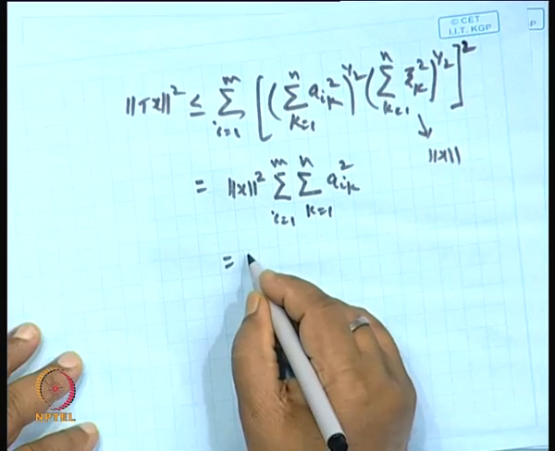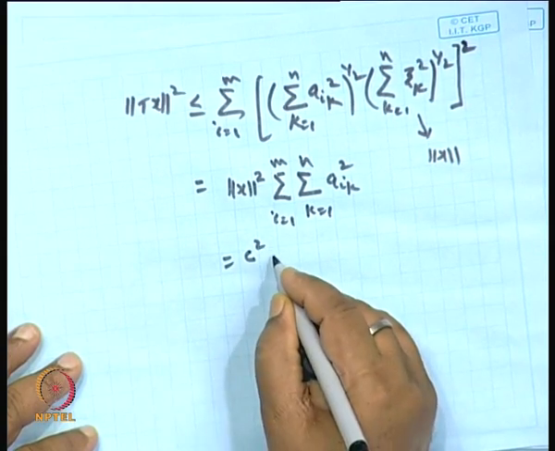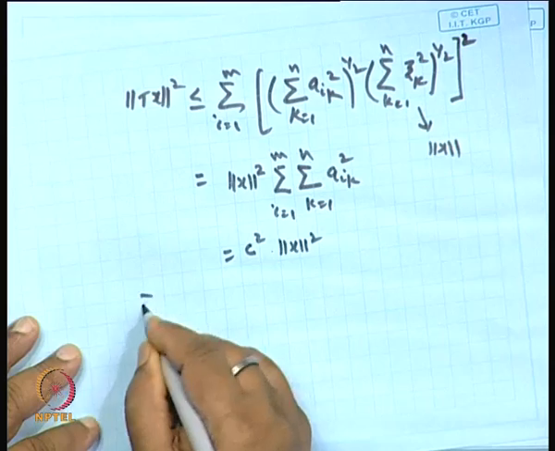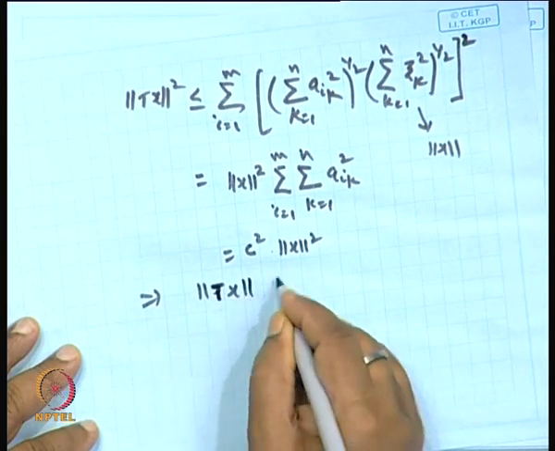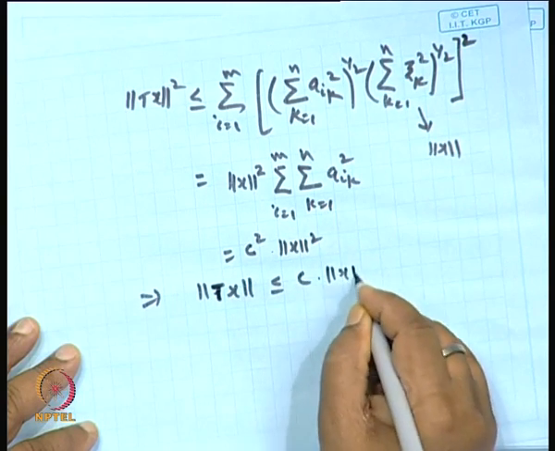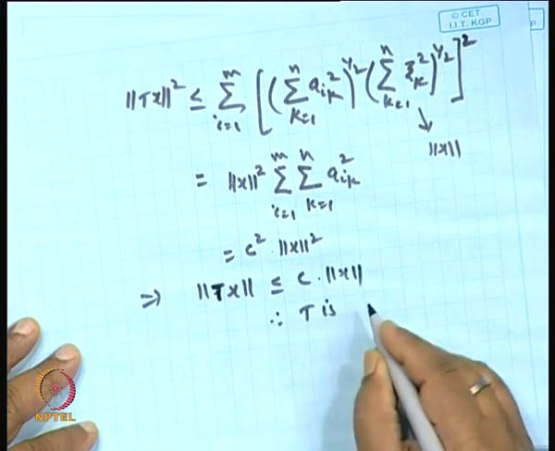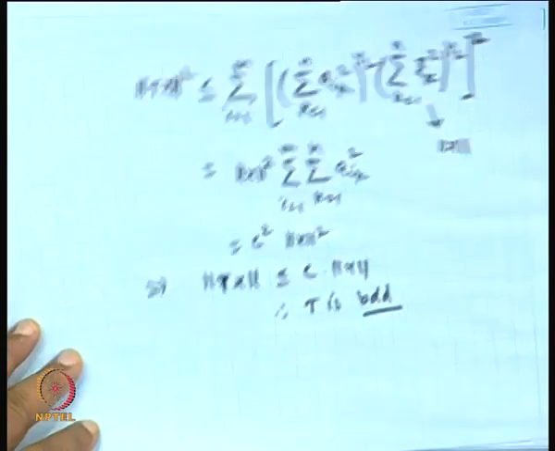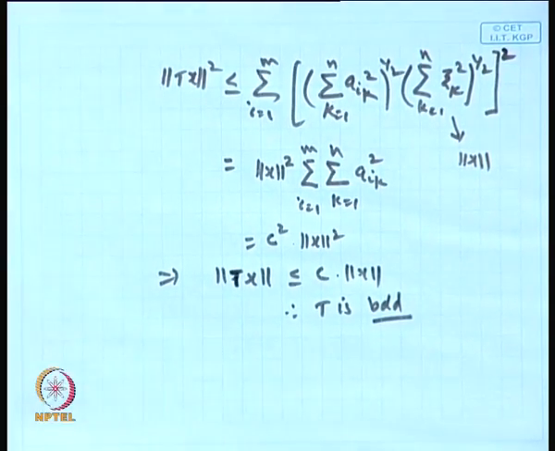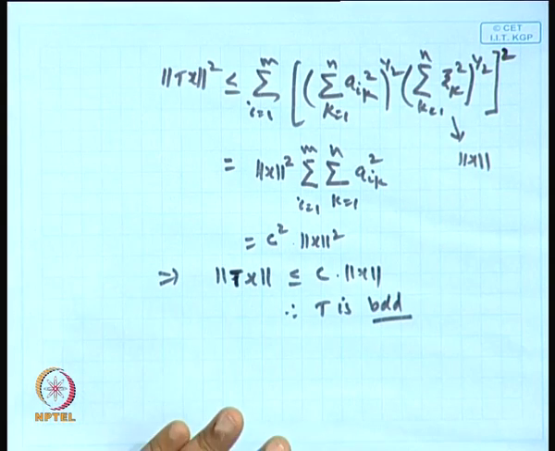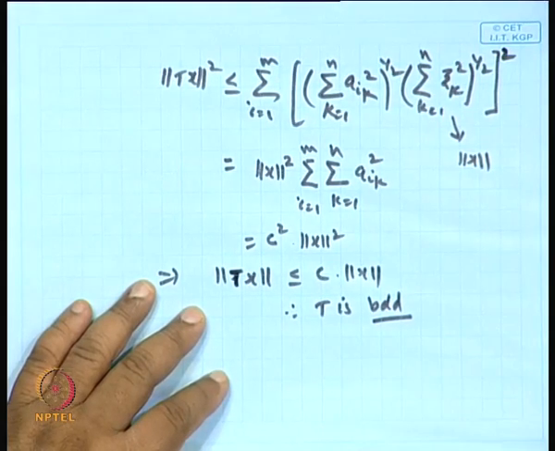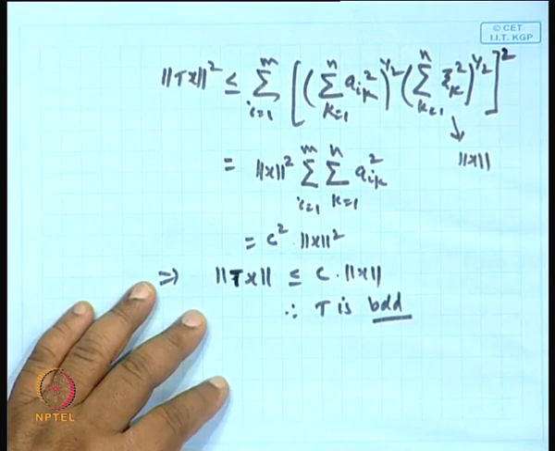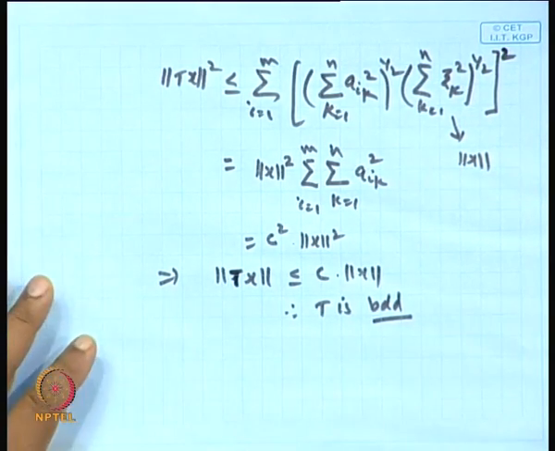So, let it be replaced by another constant, say c squared into norm of x squared. Therefore, we get from here that the norm of Tx is less than or equal to c times the norm of x. So, T is bounded. So, every matrix of order m cross n represents a bounded linear operator from R^n to R^m. And this finite case is very simple because we are dealing basically with matrices.